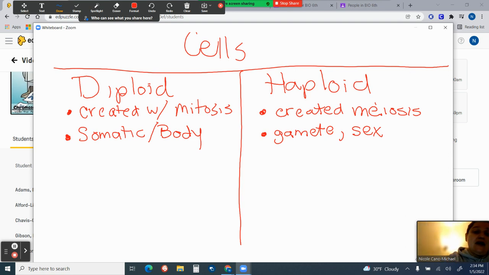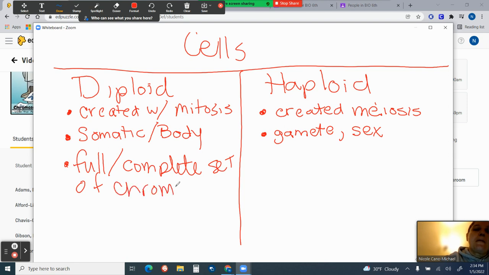In a diploid cell, you have a full, complete set of chromosomes. Like I said before, when mom's egg and dad's sperm get together and get fertilized and make you, what they made was a diploid cell. The zygote that is made during sexual reproduction is referred to as a diploid cell.